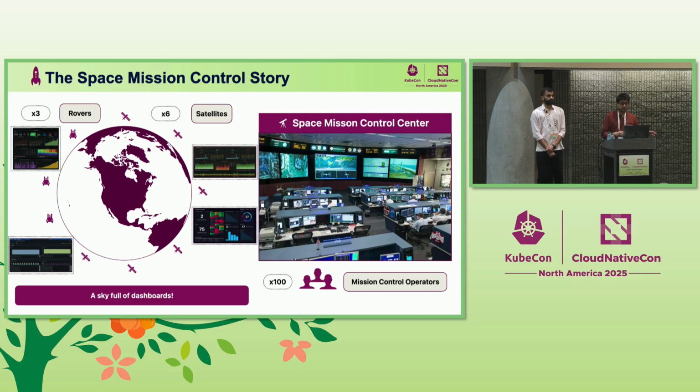Every spacecraft has its own signal, its own dashboards, panels, and its own quirks. So instead of analyzing the mission, we often spend half of our day trying to figure out which dashboard even has the right query. And this is where observability can start to cost in engineering hours, alert fatigue, and slow incident responses.